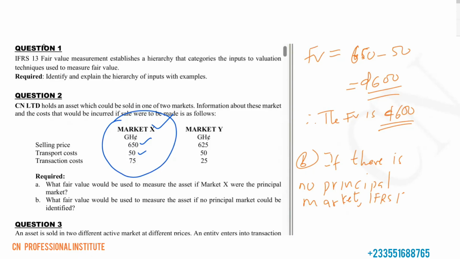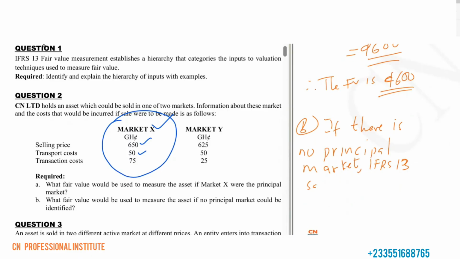IFRS 13 says we should use the most advantageous market. I've abbreviated it. So if there's no principal market, then IFRS 13 says we should use the most advantageous market.